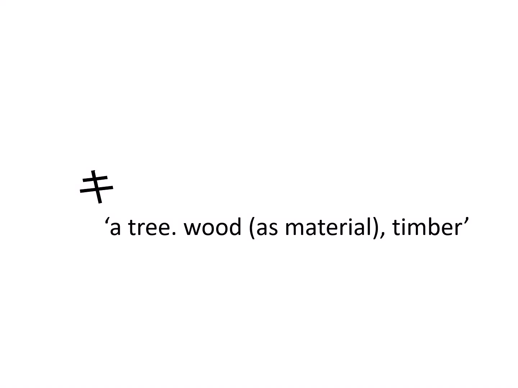Ki is a word by itself, meaning a tree and wood as material, timber. This word is tonic. Ki. Try to say a nice tree. I, ki.